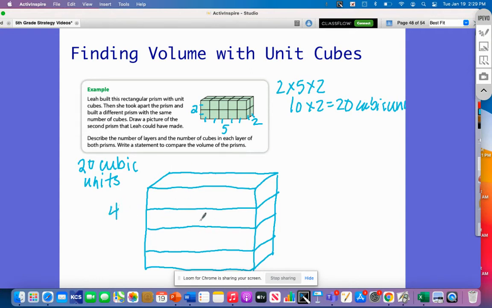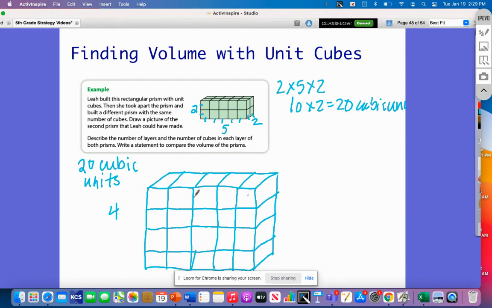Now, in order to make sure that I've got 20, I'm going to have to divide these into 5. Okay, perfect. So here I have my new prism.